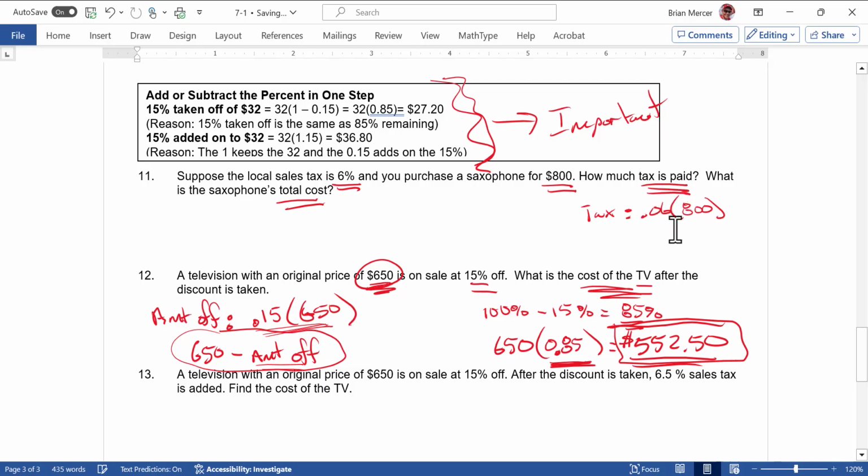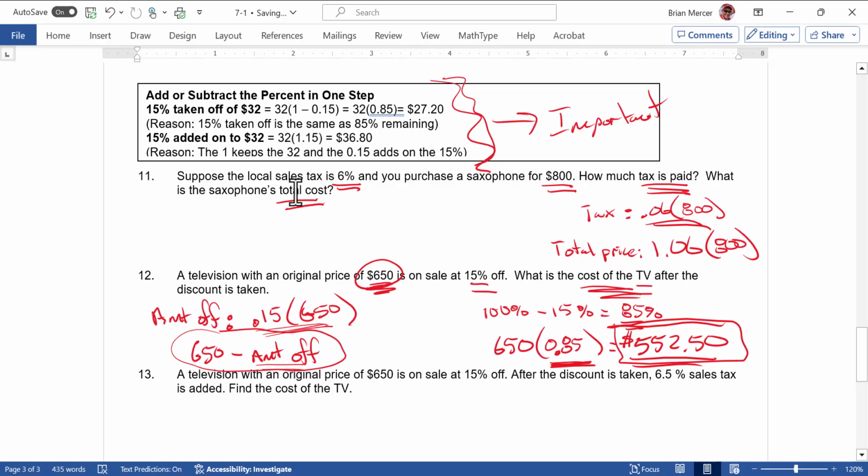The total price, you could figure out this tax and add it to 800, or you could just do this. Total price would be 1.06 times 800.